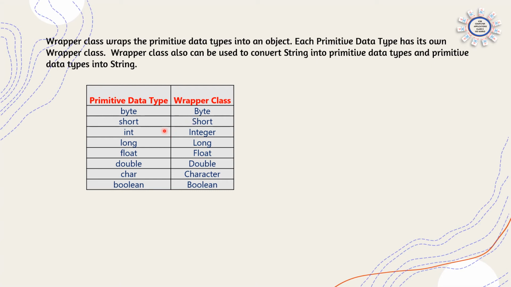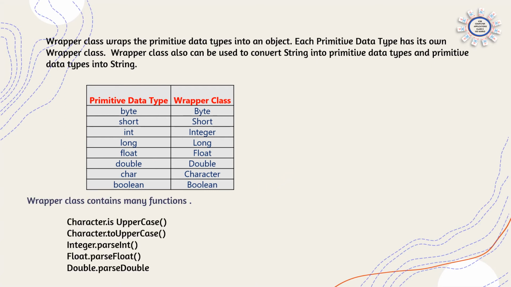The wrapper class of short is Short with S capital, Long with L capital and the same word. The Float wrapper class is Float with F capital, Double with D capital and the same word, and Boolean with B capital. For int, the wrapper class is Integer, that means I capital, and for char, the full word will come, Character with C capital. So we can see there is a wrapper class for each and every primitive data type, and we can use them in the program.